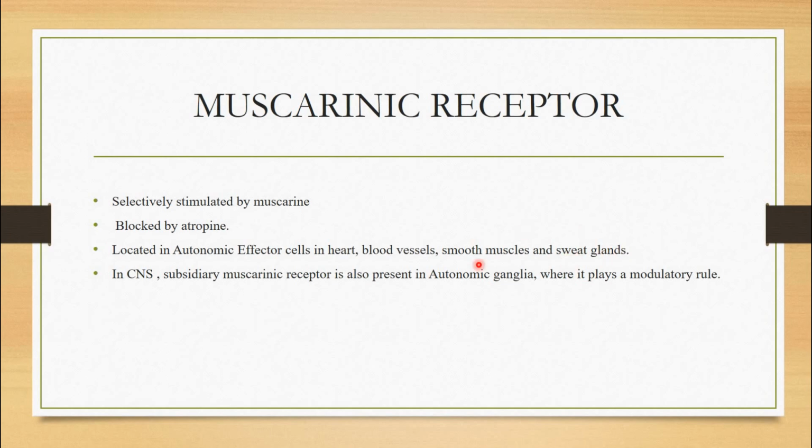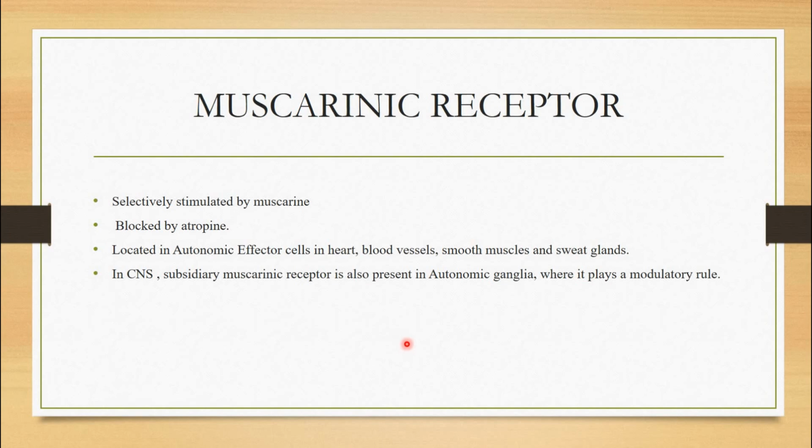This is the general location of the entire muscarinic receptor, and in CNS, a subsidiary muscarinic receptor is also present in autonomic ganglia where it plays a modulatory role, and most importantly, muscarinic receptor is a G protein couple receptor.